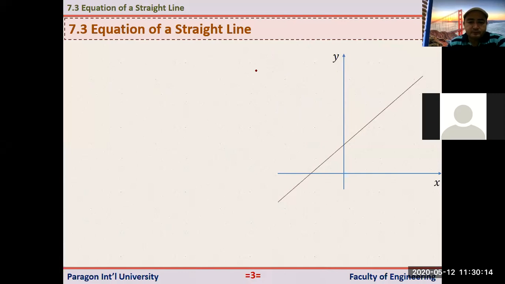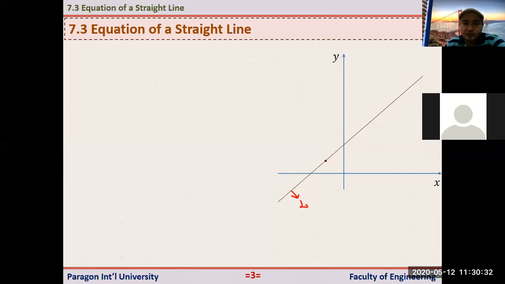Okay. Now this is our coordinate system. This is the y-axis and this is the x-axis. Assume that we are given a straight line. So this is our straight line. Let me name this one L. Okay, line L. And also assume that we are given 2 points lying on the line.